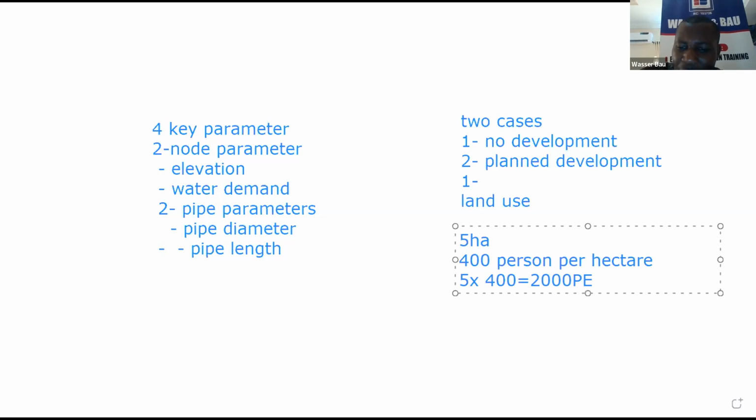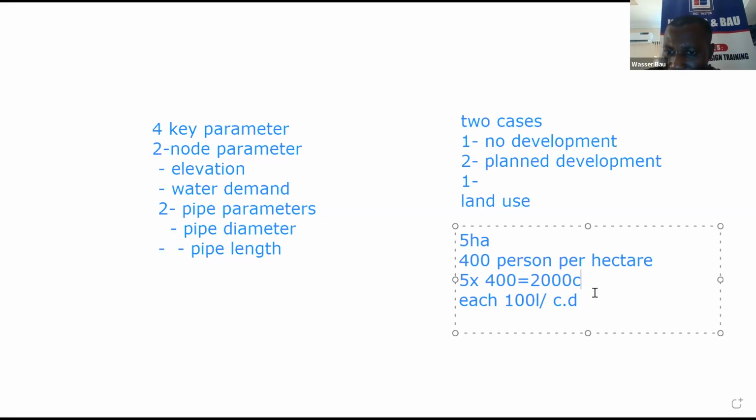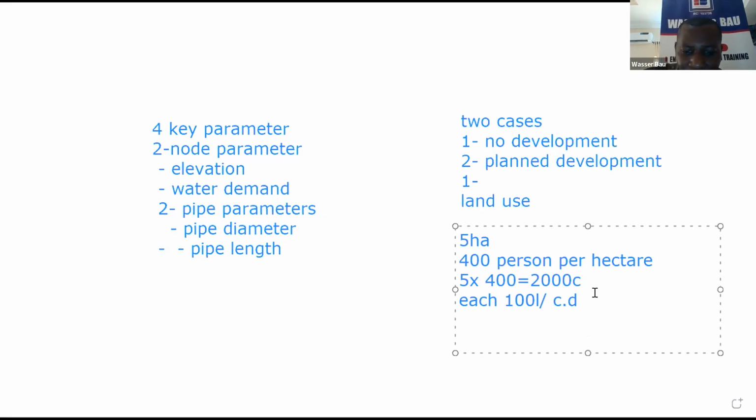So from what we did last week, each person is 100 liters per capita per day. If I now multiply this, remember this 2,000 is also capita, I will say 100 multiplied by 2,000, and then I multiply by my safety factor.